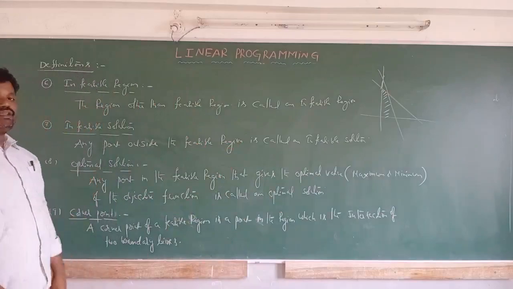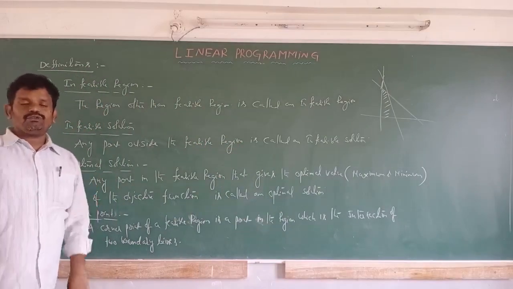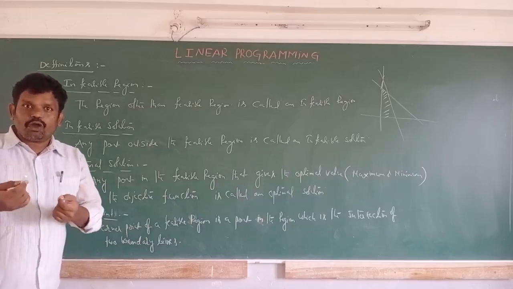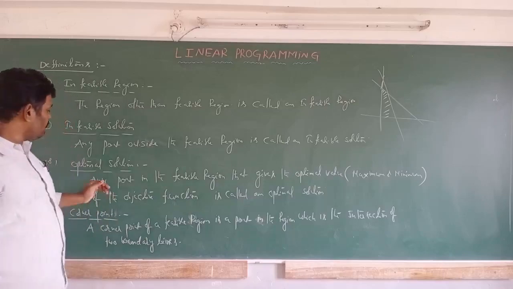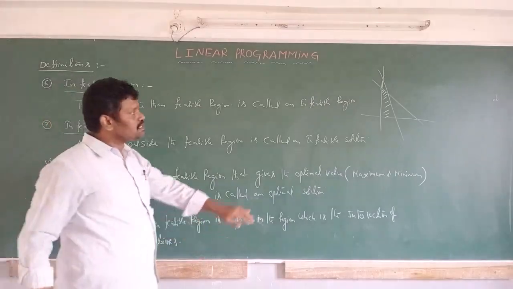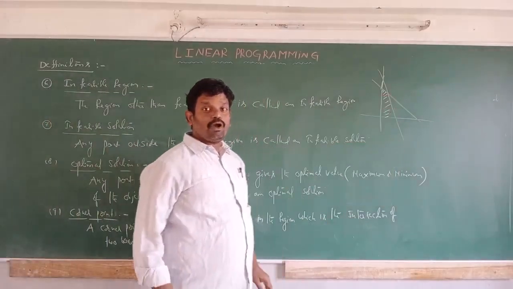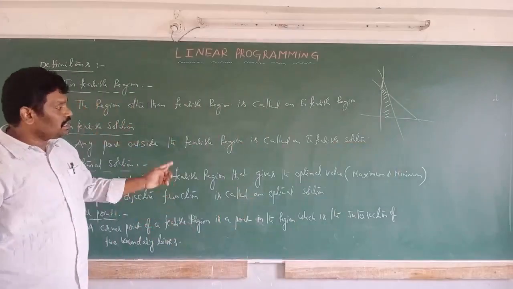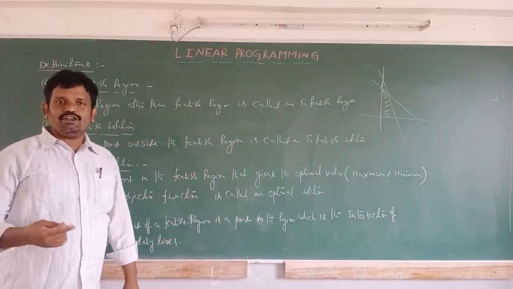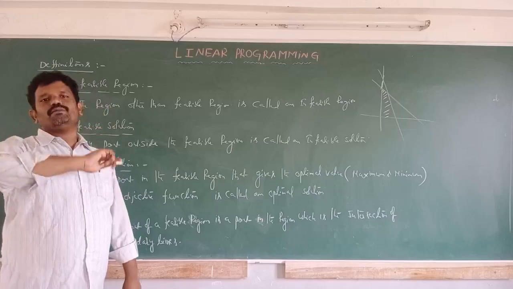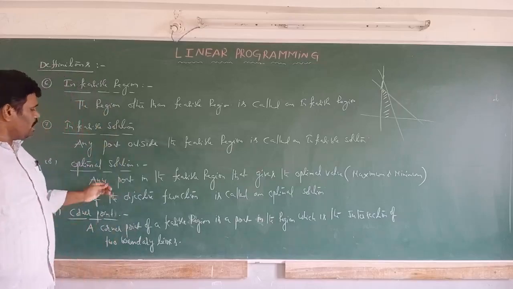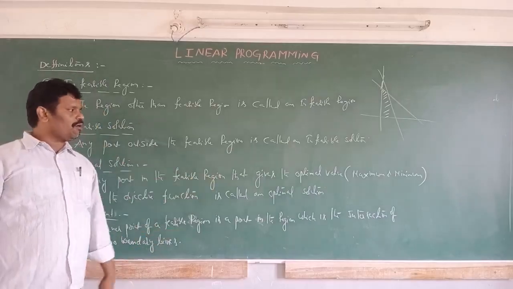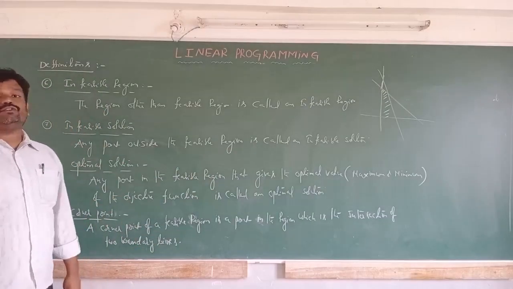And the last one given, optimal solution. Optimal solution is nothing but the point where the value is maximum or minimum. Any point in the feasible region that gives the optimal value, meaning the maximum or minimum value of the objective function, is the optimal solution.